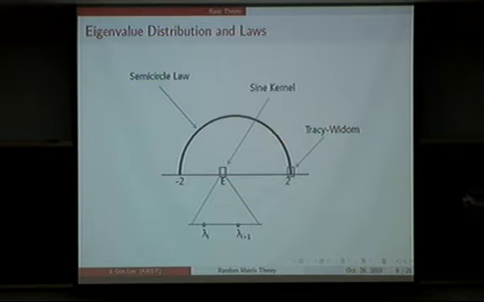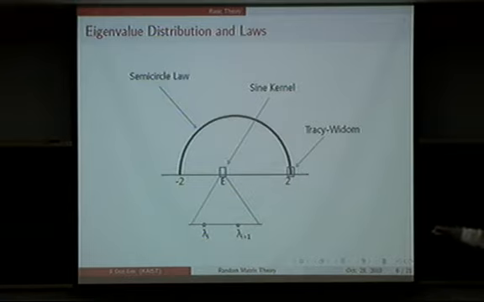The second one is the Tracy-Widom formula, which tells the behavior of the largest value around this edge, so we call this the edge distribution. And finally, the gap distribution means that if you have a point E between -2 and 2, and you zoom in and consider the space between lambda_i and lambda_{i+1}, then this has some characteristic.